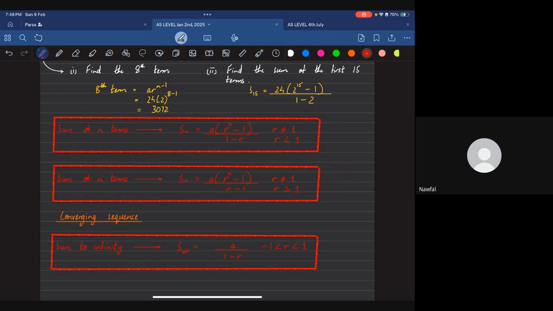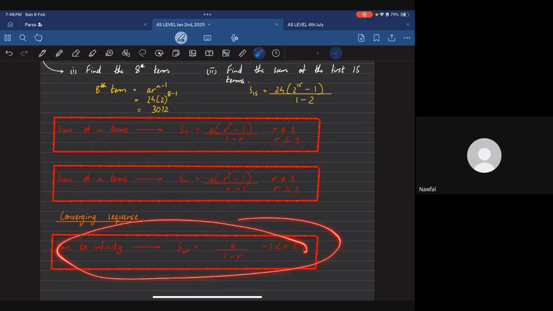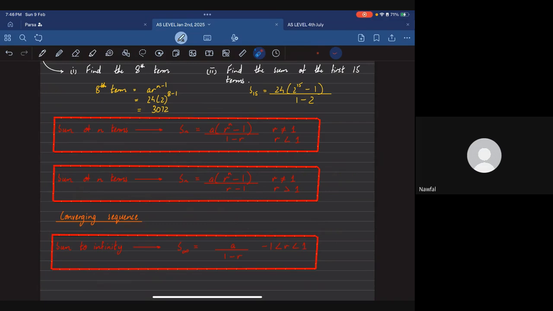Is this clear, guys? And I will also let you know one trick. This formula is probably not going to be used. Why? Because whenever your common ratio is less than 1, you're going to be using the sum to infinity one. Usually they will tell you that in the exam.